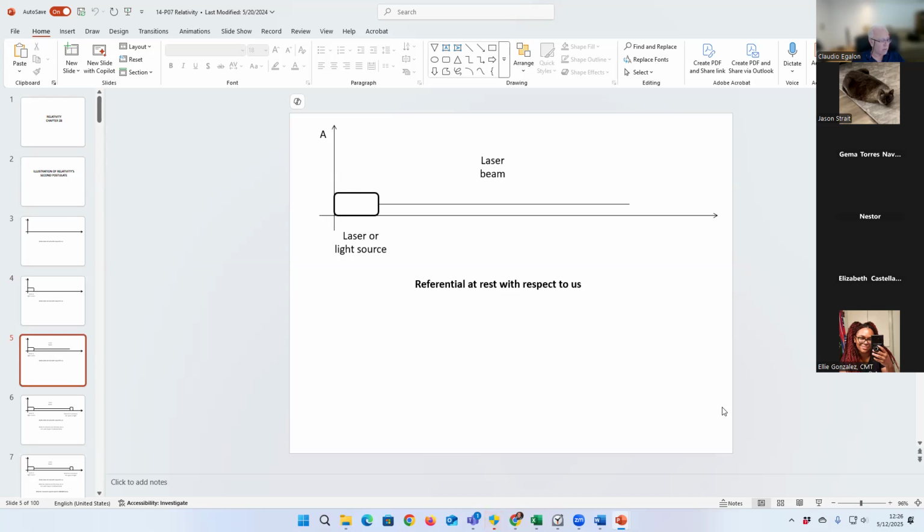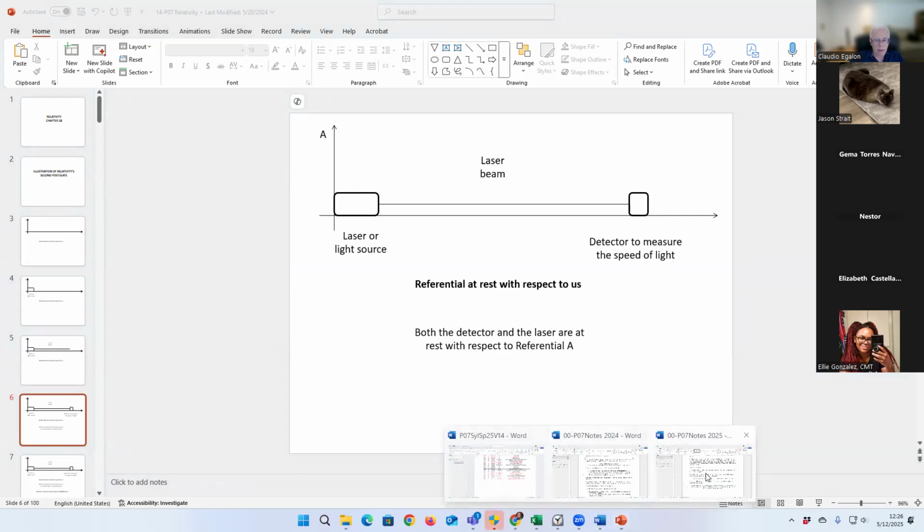Far away from this laser source, we have a detector that's capable of measuring the speed of the light. The referential of the light source and the referential of the detector are at rest with each other.